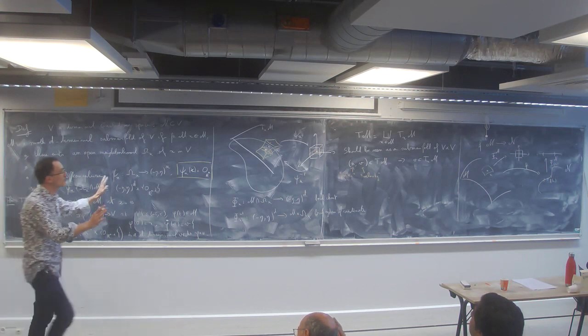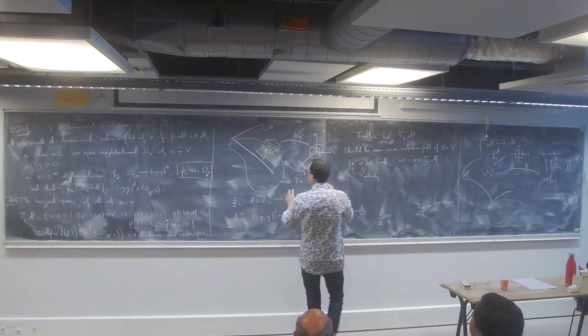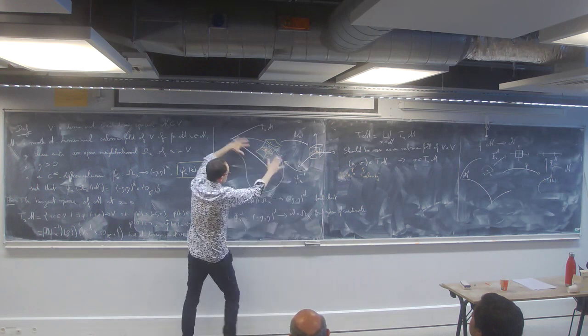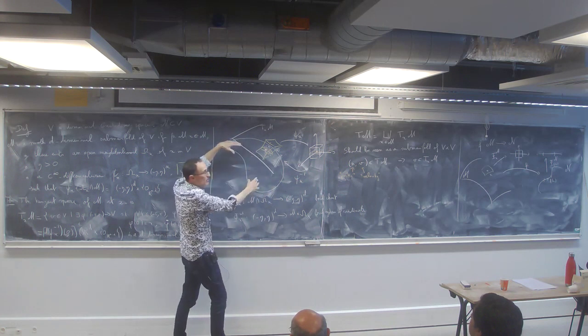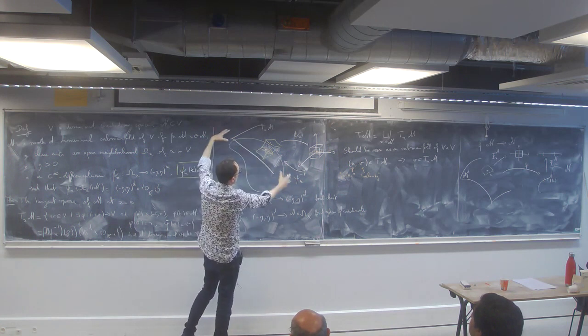So geometrically the picture is quite simple. In this case it's a 2D manifold in the 3D space. So imagine you have a surface like that.